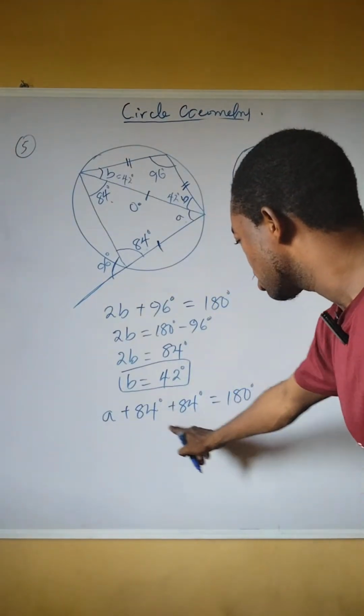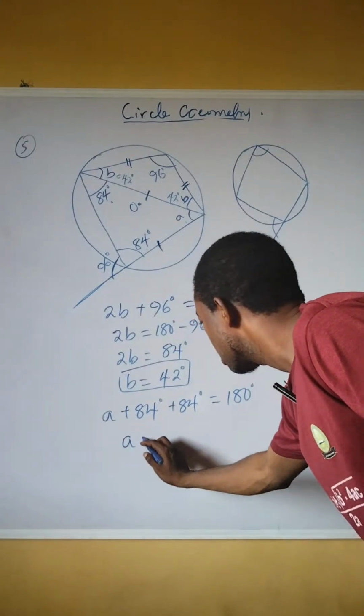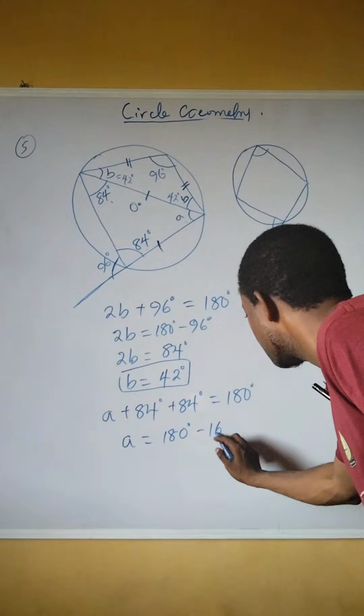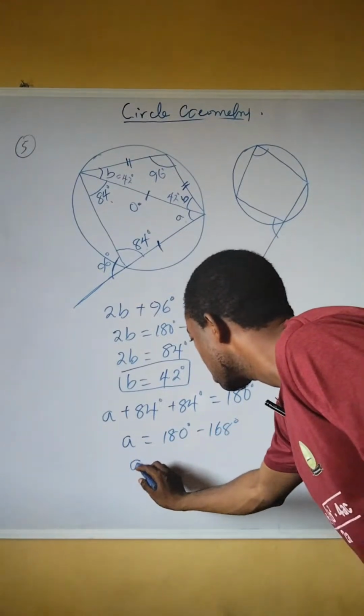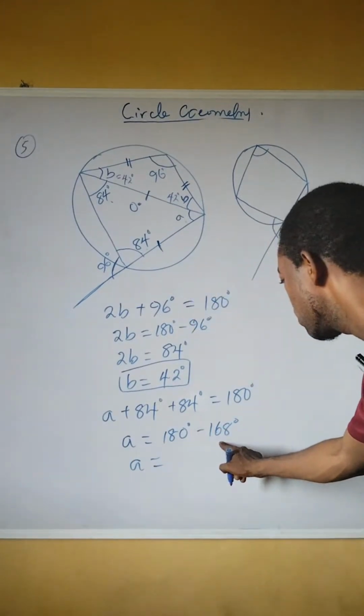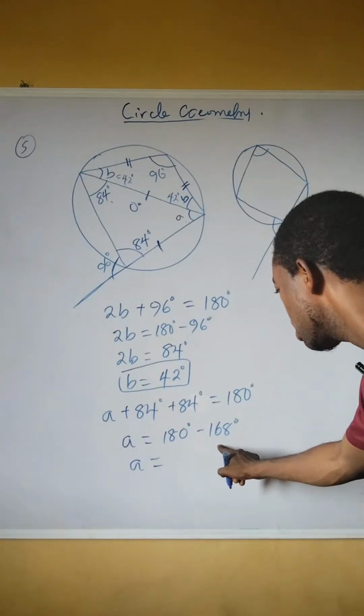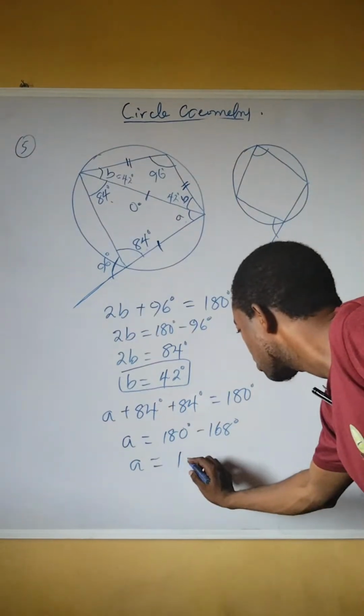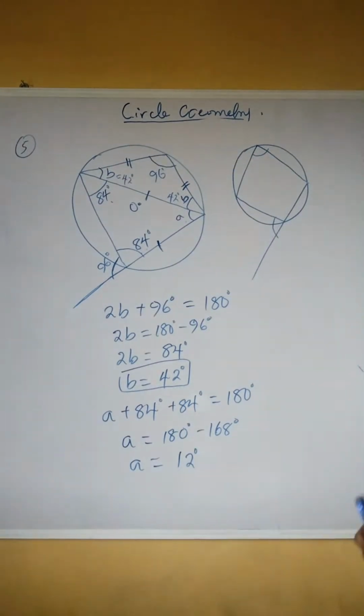This gives us 168, right? So A is now equal to 180 degrees minus 168 degrees, which makes A equal to 12, right? So that's 12 degrees.